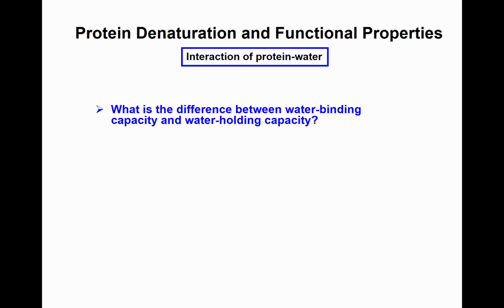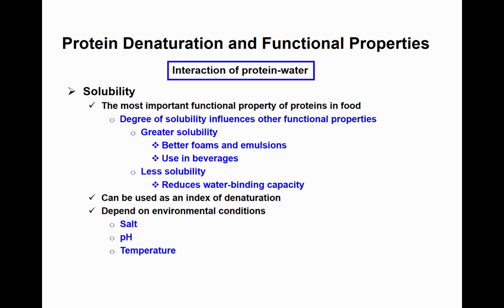Not in the structure of one polypeptide, but in the network of several proteins interacting together in a gel matrix. So water holding capacity is how much water a protein network, not one molecule, can hold. And this is a very important characteristic.